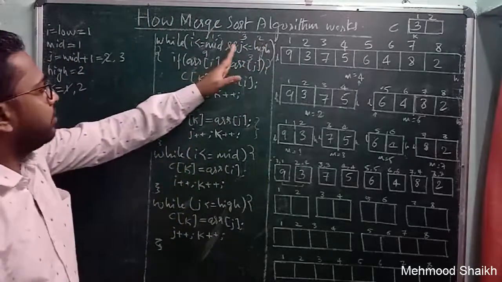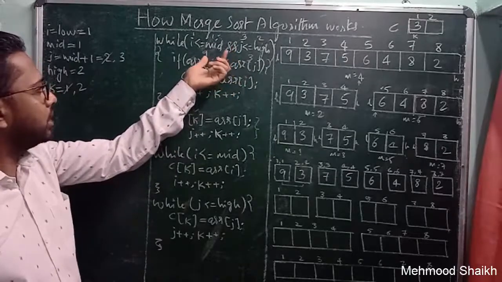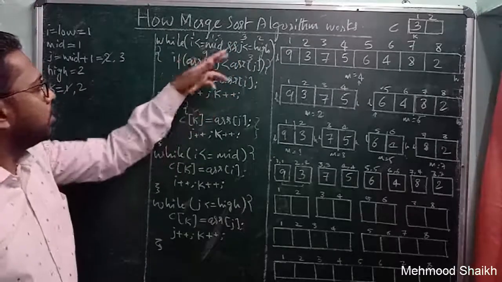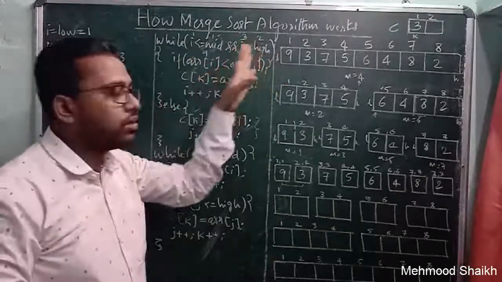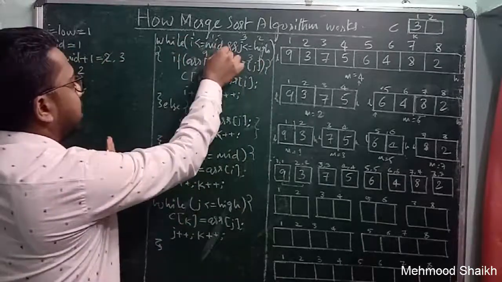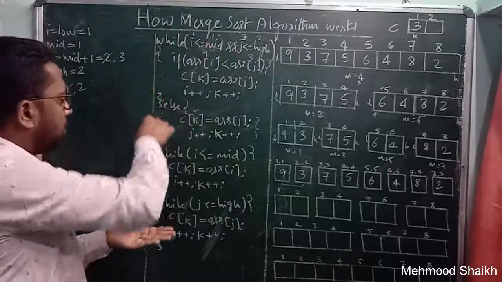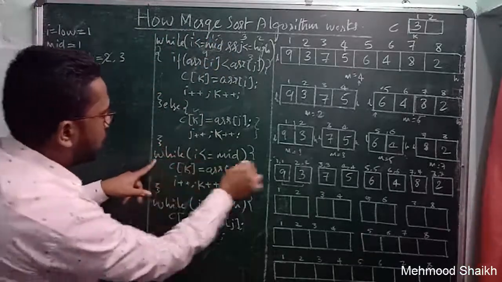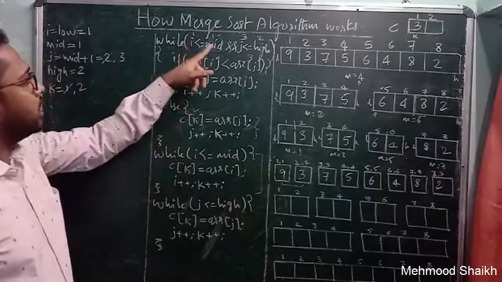So here we have taken the and operator, and we can come inside this while loop only if both of these conditions get satisfied. Since one of the conditions is not getting satisfied, we will come out of this loop. Since only this condition was getting satisfied, after coming out of this while loop, we will come inside this while loop, where 1 is less than or equal to mid.